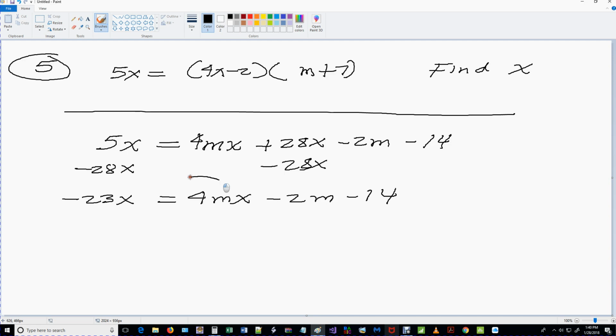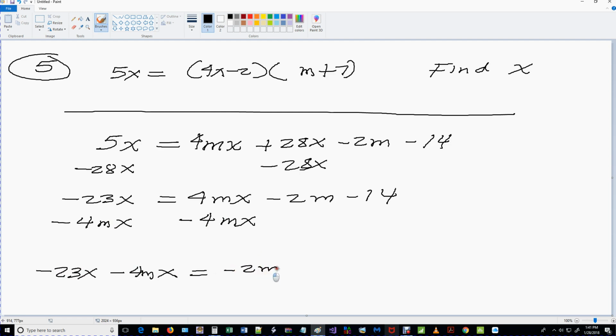Alright, so you still have to get rid of this 4mx on the right hand side. And the way we do it, you subtract 4mx on both sides. So 4mx. Now, on the left side you get minus 23x minus 4mx equals. On the right hand side, the only thing left will be minus 2m and minus 14.